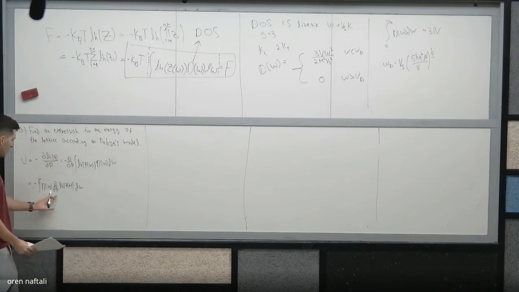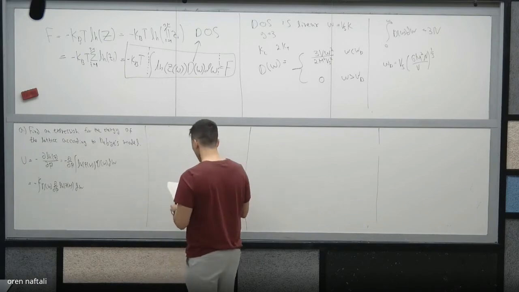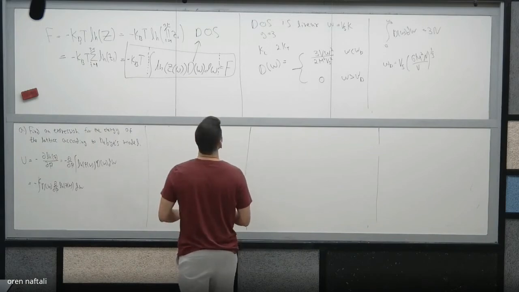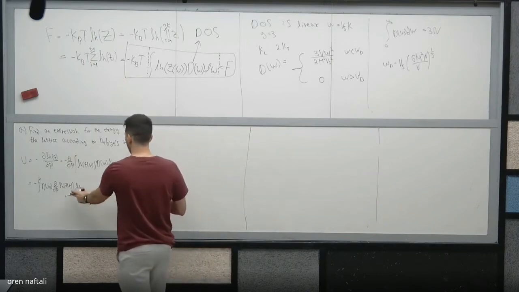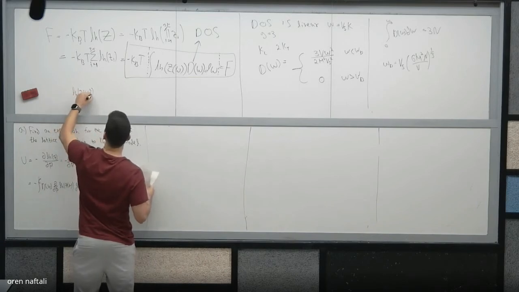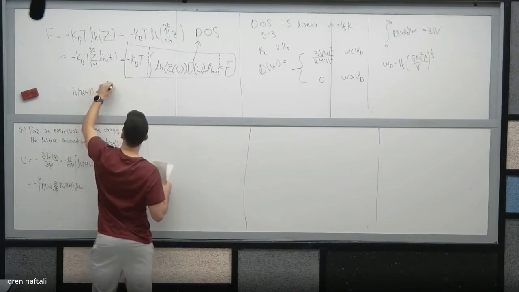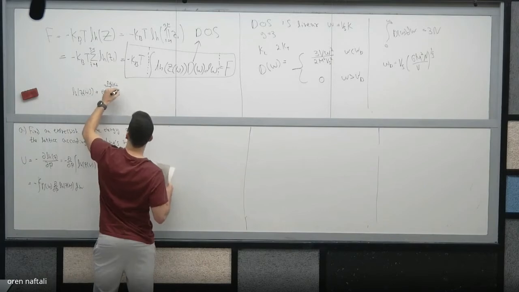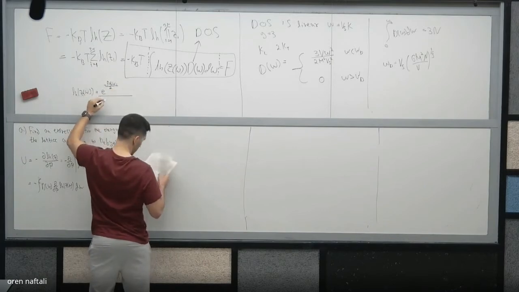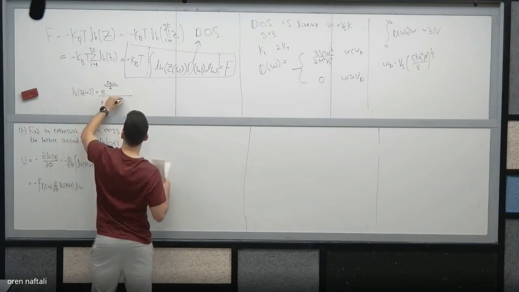I can replace the derivative and the integral order, and I will remind you that this term, ln of Z of omega, is equal to e to the minus beta h bar omega over 2 divided by 1 minus.